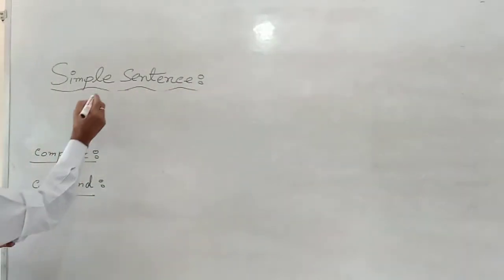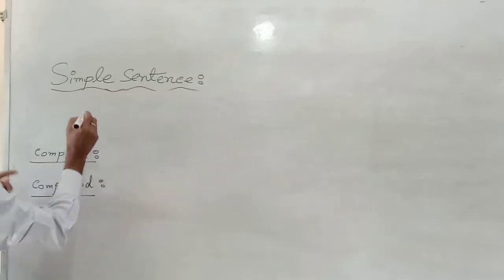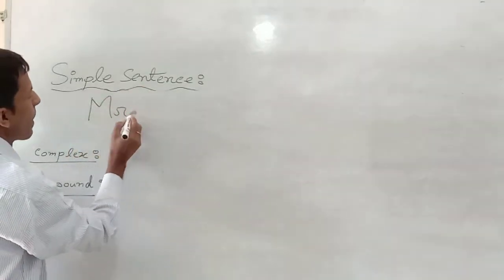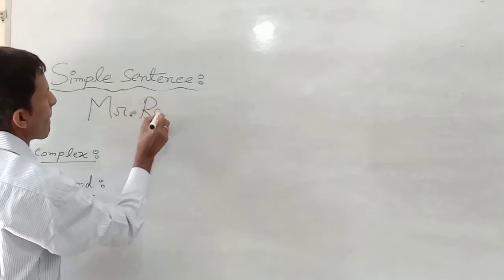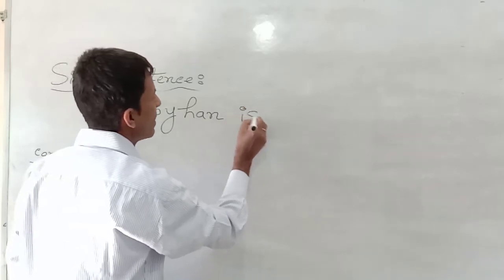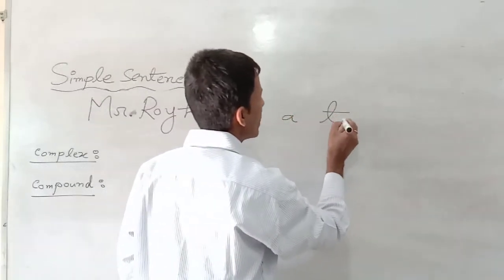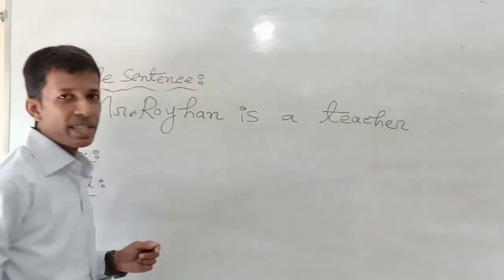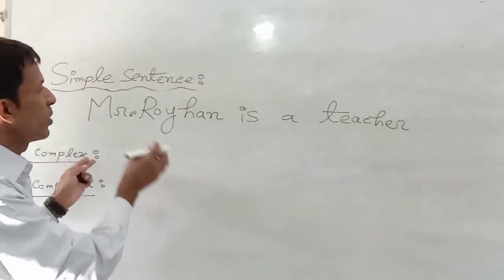If the simple sentence is written in this way, Mr. Raihan is a teacher.